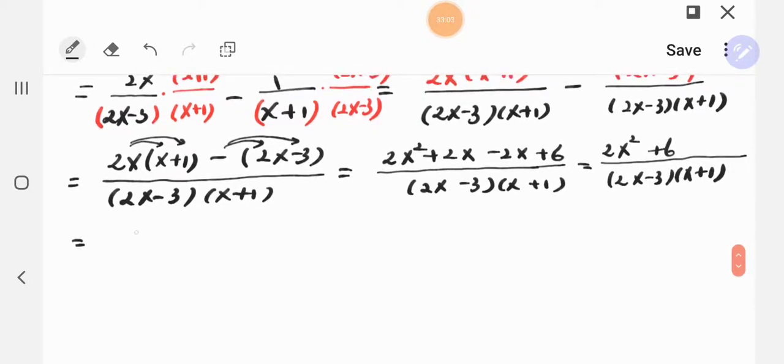So factor out 2, then we have x squared plus 3. The denominator is 2x minus 3 times x plus 1. Since there is no common factor, we are done. That's it.